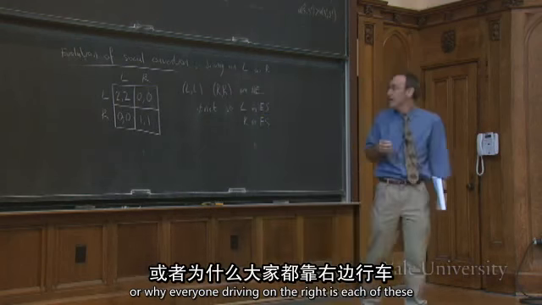We should not be surprised to see different social conventions in different parts of the world. And in fact, we do. We see parts of the world like England and Japan and Australia where they drive on the left, and parts of the world like France and America where they drive on the right. So we can have multiple evolutionarily stable conventions.